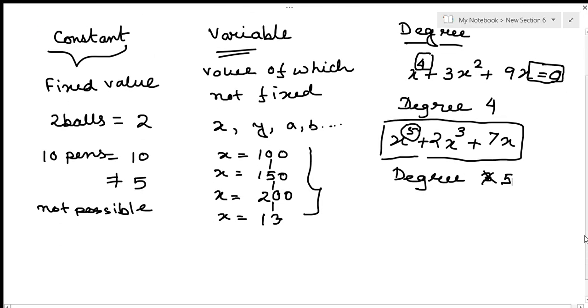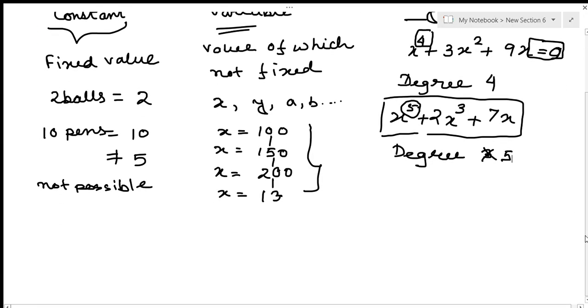So what is quadratic equation? In place of degree we can take 2 only. What is the meaning of this? If in any one variable equation the degree of the variable is 2, let us write an example: 2x square plus 5x plus 6 equals to 0.